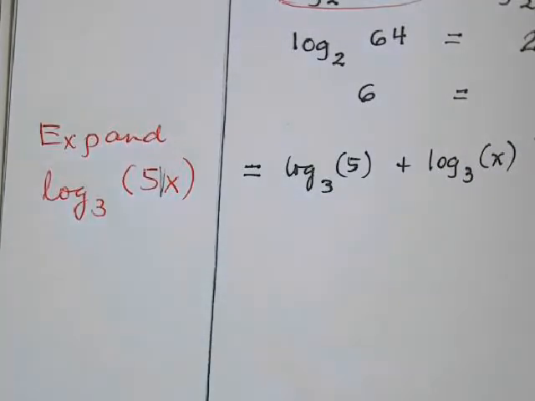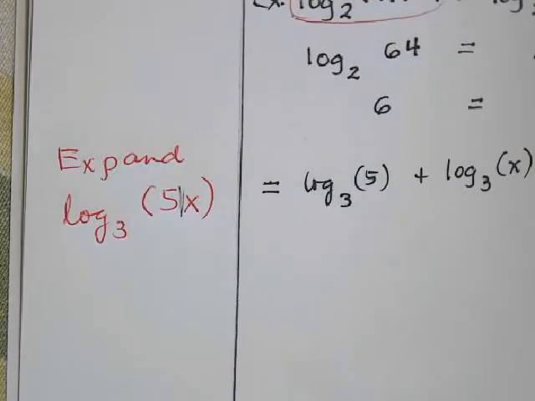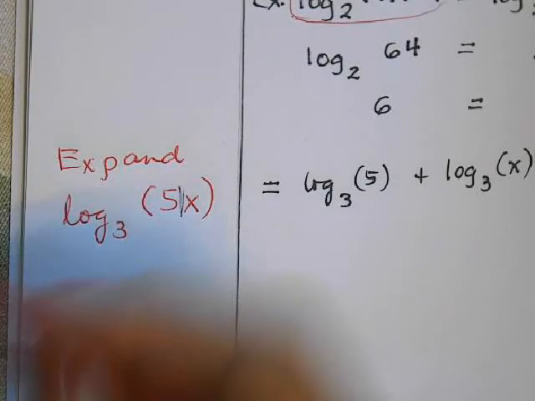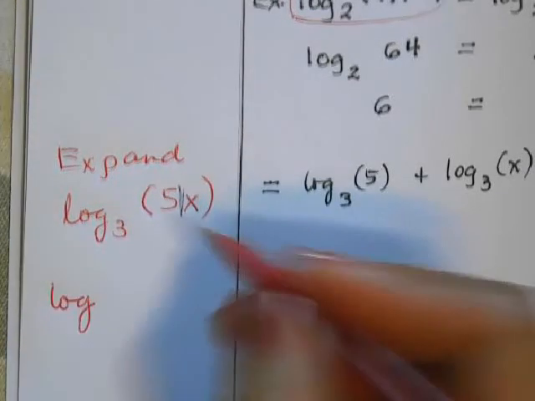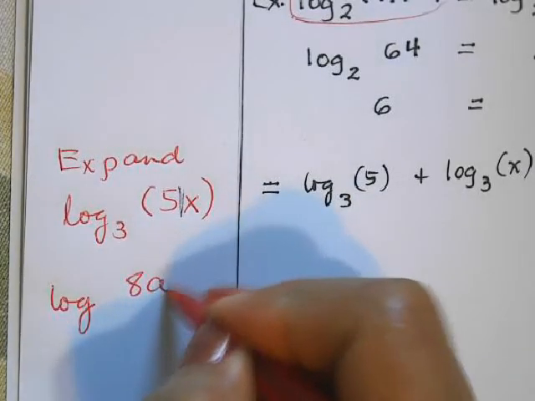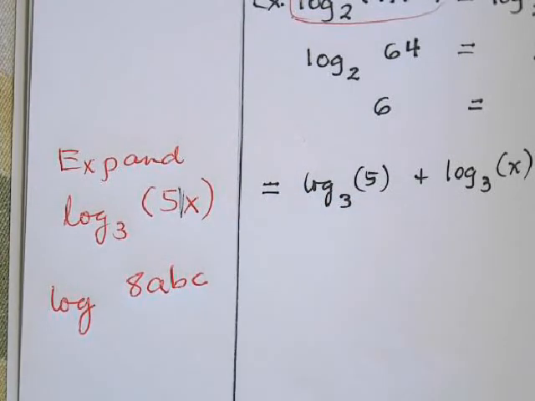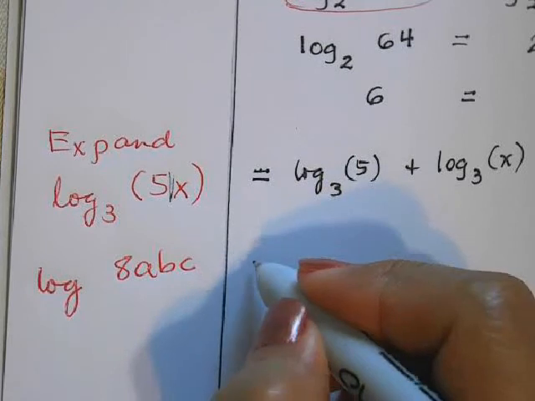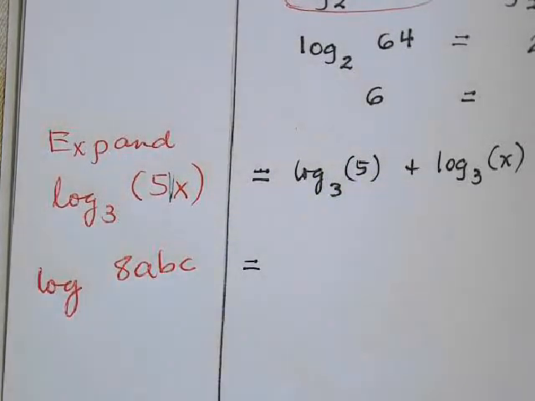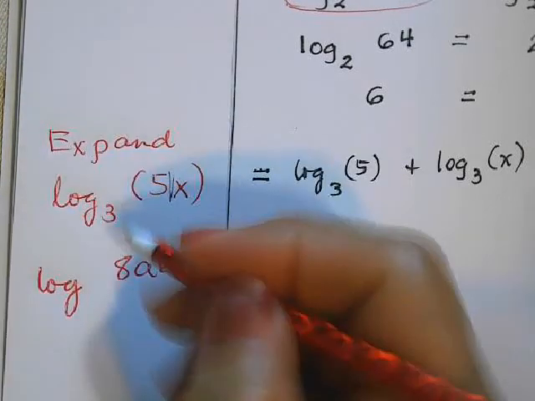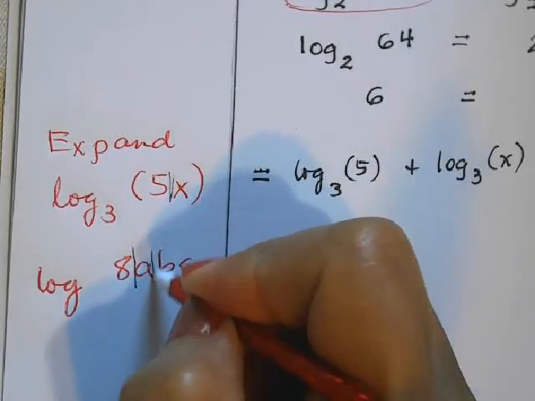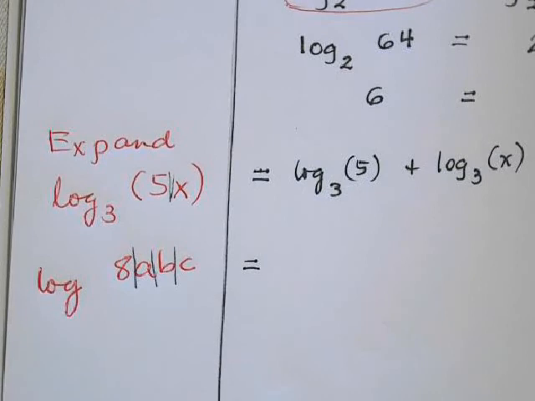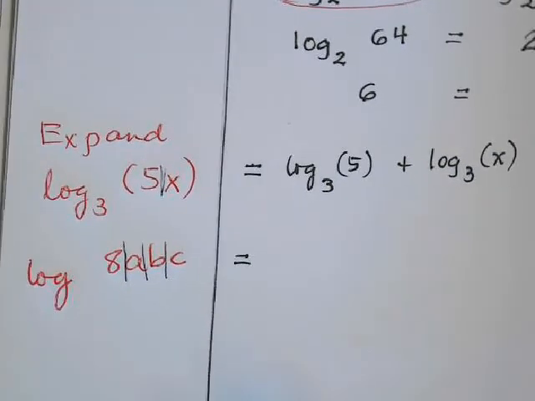Just like that. What if you're asked to expand log of 8abc? No base, so it's understood to be base 10. Again, you separate them: 8 times a times b times c. This will be a long expansion.